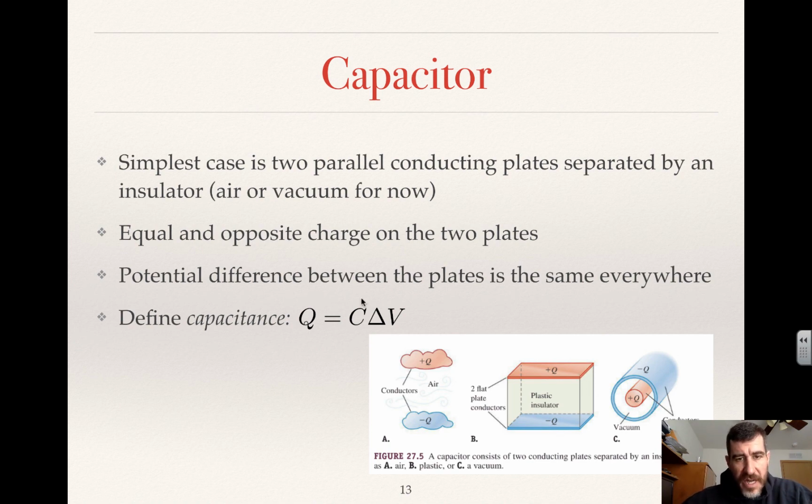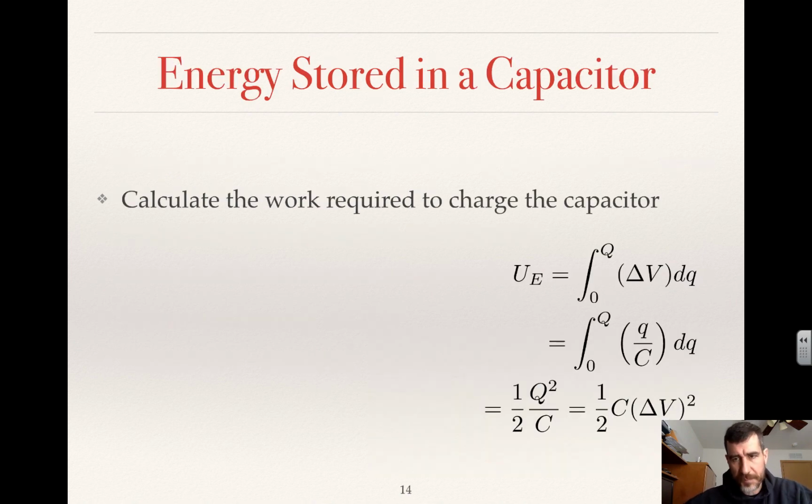So Q is defined as the capacitance times the potential difference between the plates. In SI units, capacitance has to be charge over potential difference, so coulombs divided by volts, and a coulomb per volt is named after, as usual, a dead white guy, Mr. Michael Faraday, so it's called a farad, abbreviated capital F.